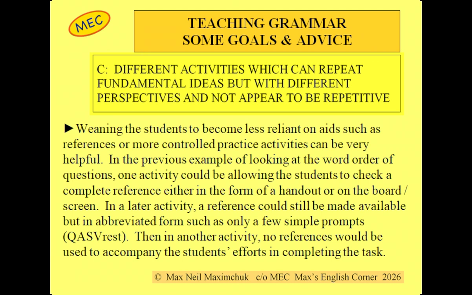In a later activity, a reference could still be made available, but in abbreviated form, such as only a few simple prompts, like QASV rest. Then, in another activity, no references would be used to accompany the student's efforts in completing the task.